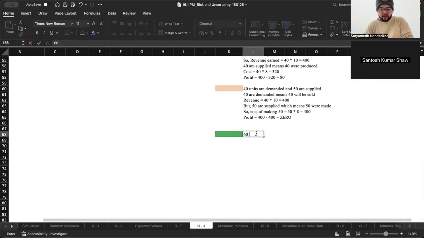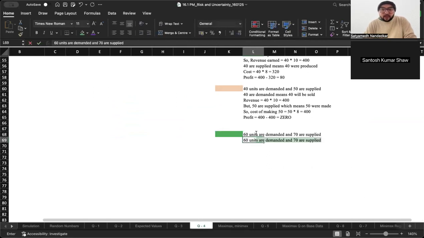Okay, so 60 units are demanded and 70 are supplied. Okay, so 60 units demanded means 60 will be sold. Revenue is 60 into 10, that is 600.